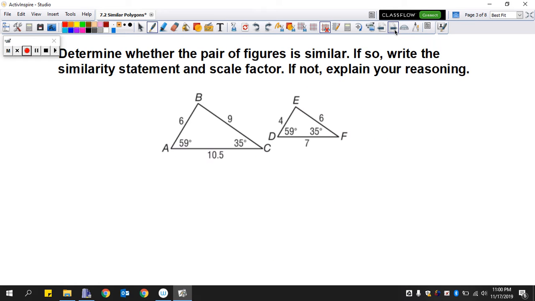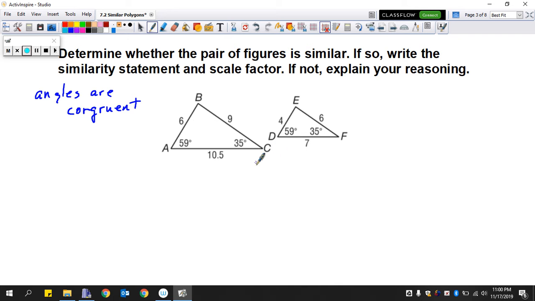So in this one, we can say the angles are congruent. Now we need to check whether the side lengths are proportional. A goes with D, B goes with E, and C goes with F.